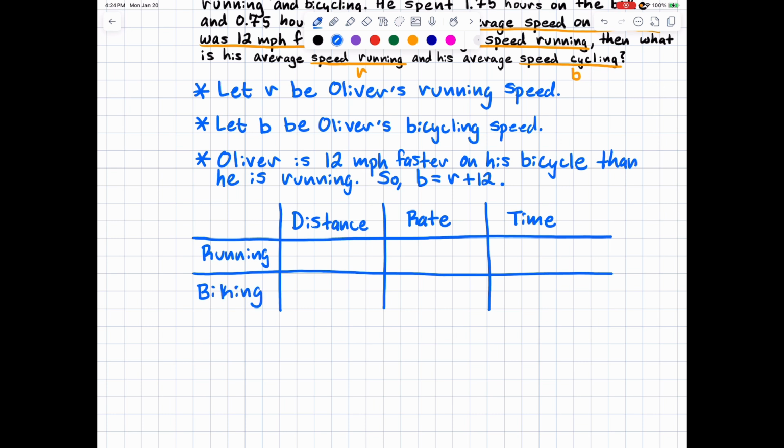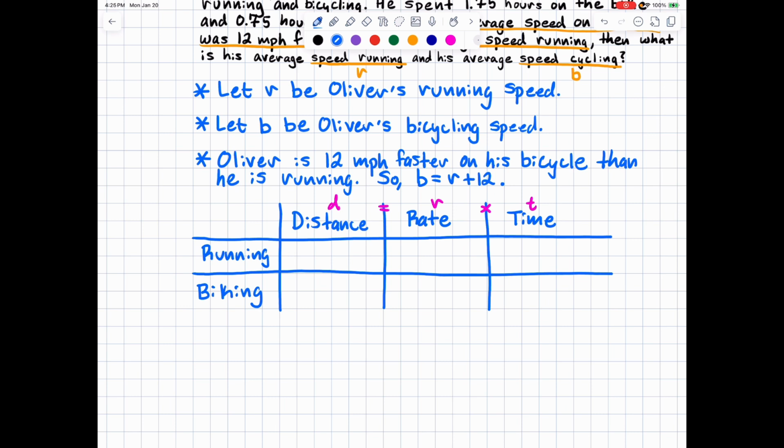Okay? Because we know that distance equals rate times time, d equals our rate times our time. Okay? So let's get a strategy here.